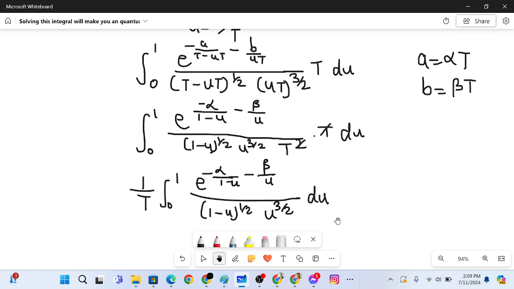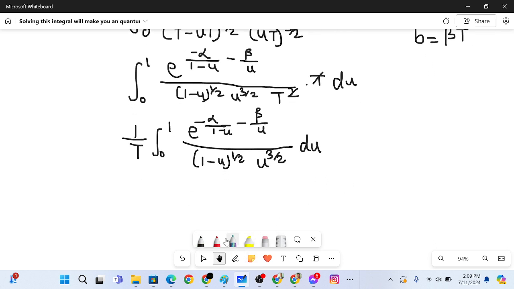Now to solve this, let me make a change, since right now the power is in 1 minus u. What I can try to do is cancel this thing out if we make the substitution that y is equal to 1 by u. If I make the substitution, we can cancel the second expression. So let me show you how.